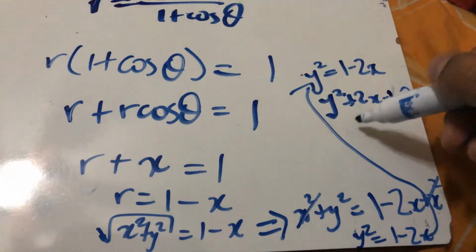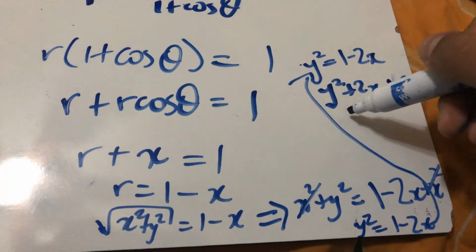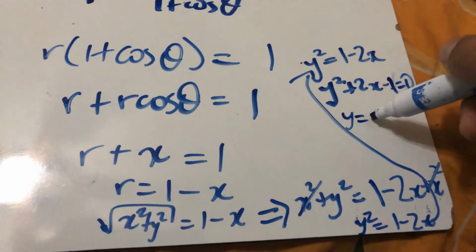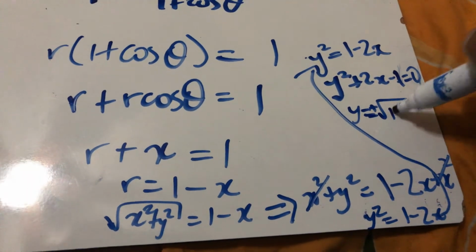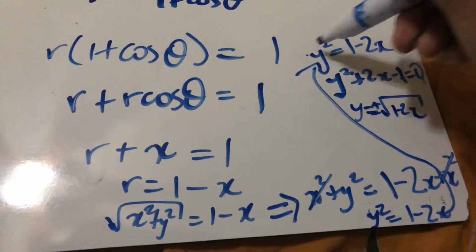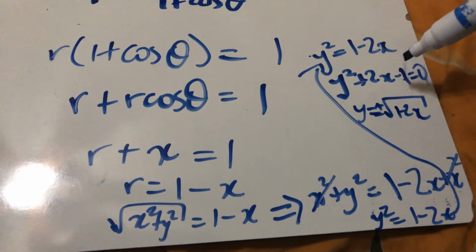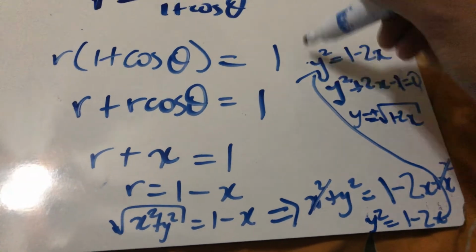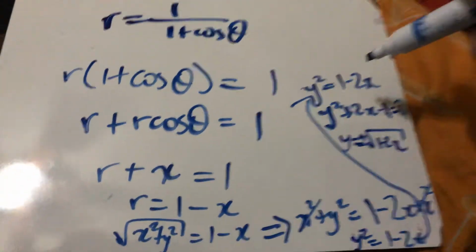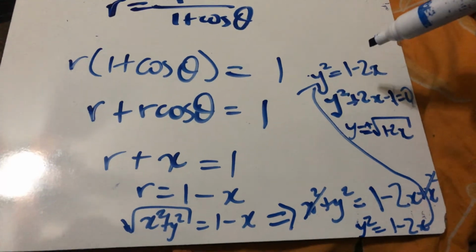And the other option obviously is to say that y equals plus or minus the square root of 1 minus 2x, if you just take the square root of both sides. So I think all three answers are acceptable. I'd probably just stop here. But that's how you do number 60.